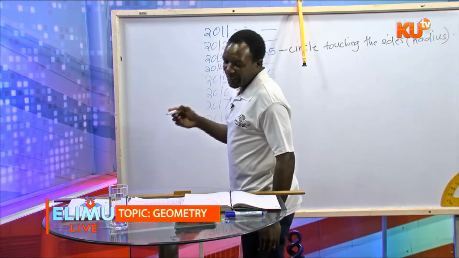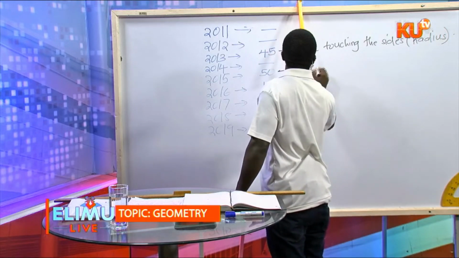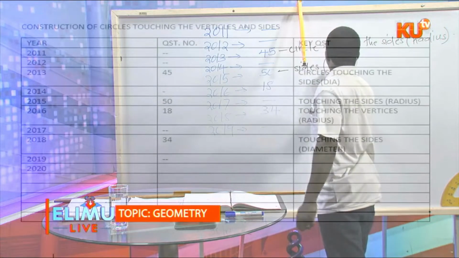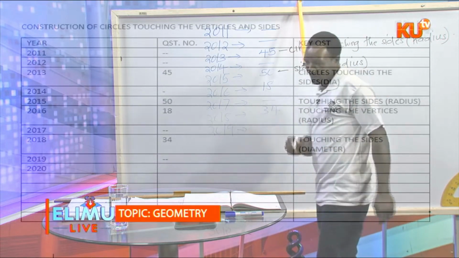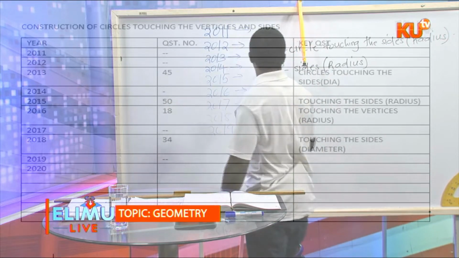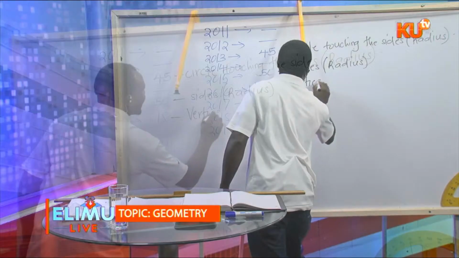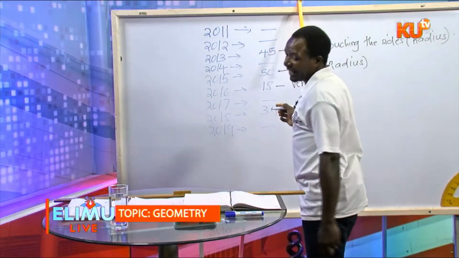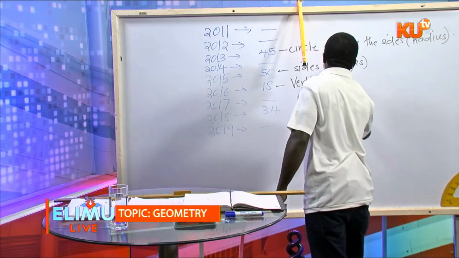In 2015, it was also touching the sides, and again here you are supposed to measure the radius of the circle. In 2016, it was a circle touching the vertices, and again here you are supposed to measure the radius.